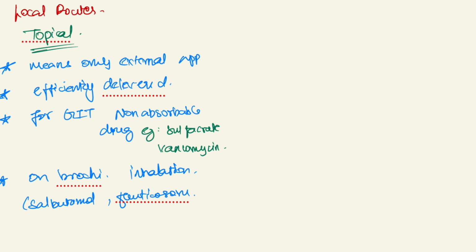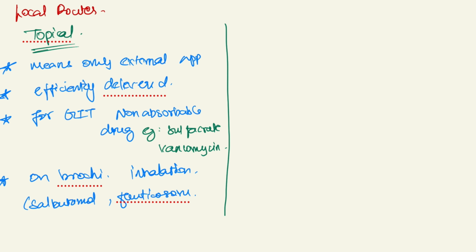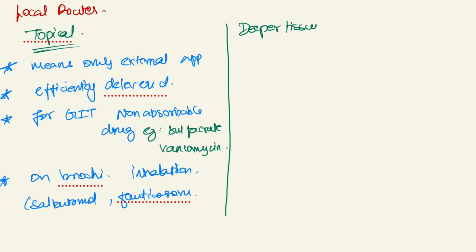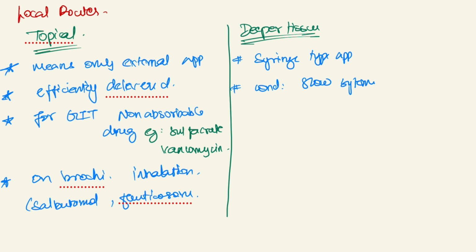Deeper tissues means the target organ is on the deeper side. To approach these kinds of tissues, we use syringe-type applications. The main condition is that systemic absorption should be slow. That means blood flow should be slow.